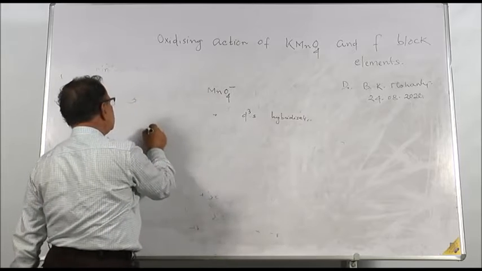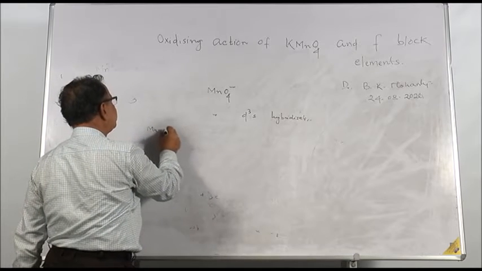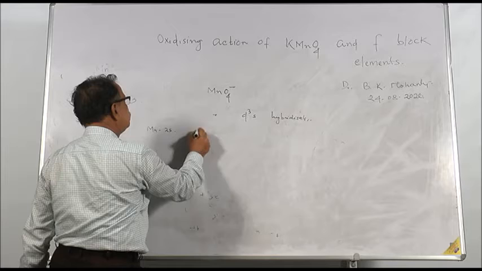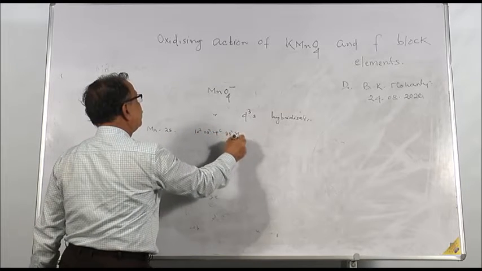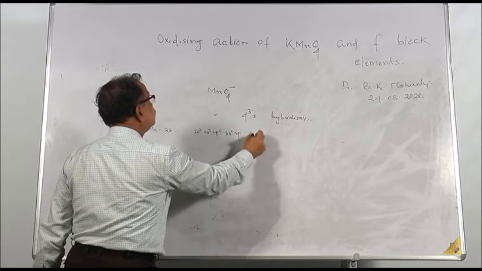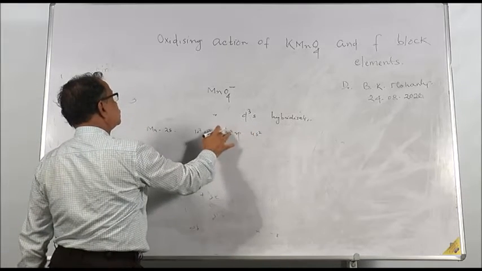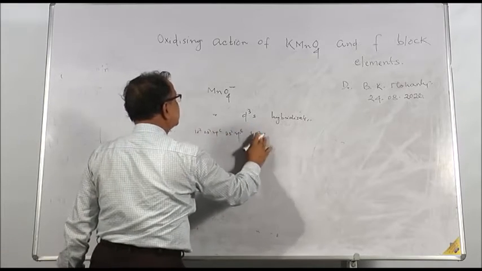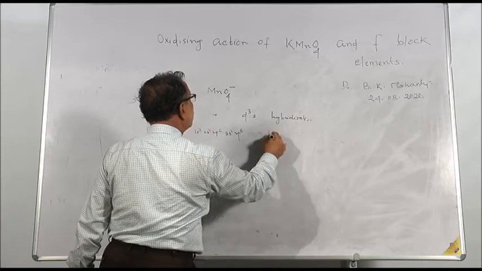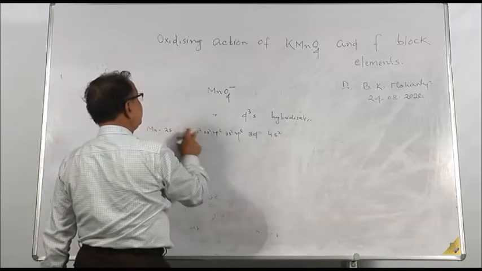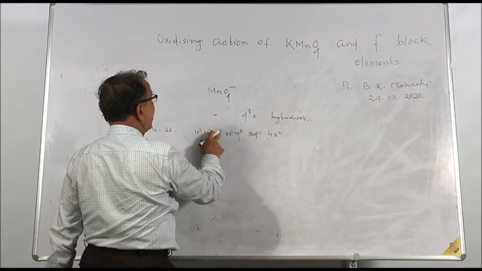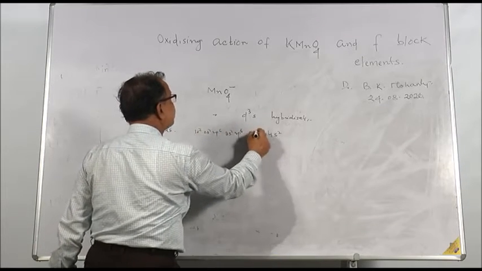Manganese atomic number is 25: 1s2, 2s2, 2p6, 3s2, 3p6, 4s2, 3d5.